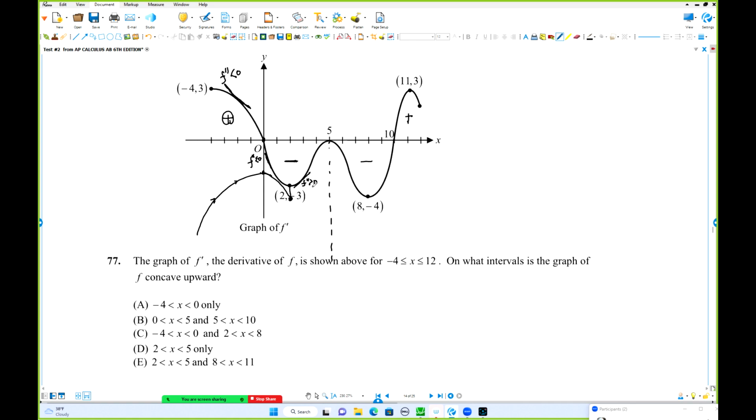Are you okay with this? What is it here? It's decreasing, but the graph is concave up, right? So this point is my inflection point, over here. Can you see that?